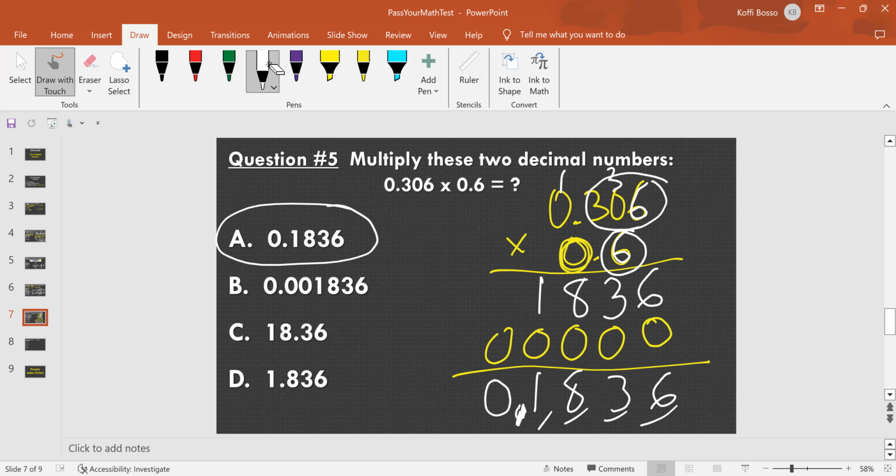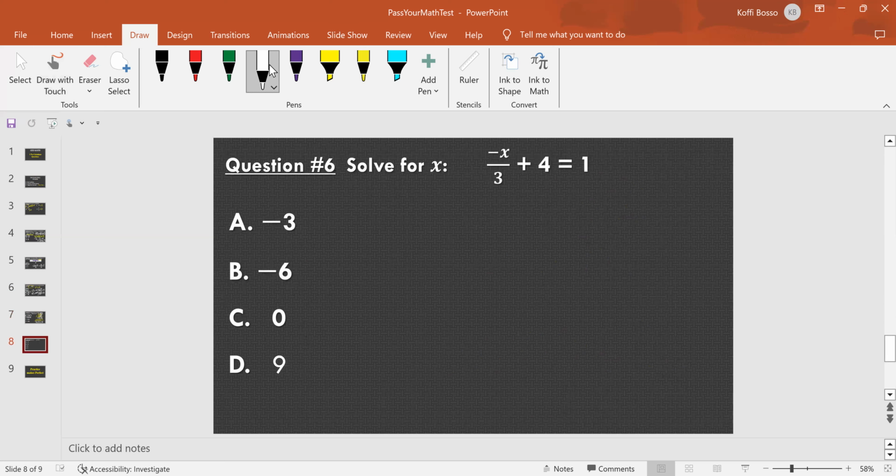Okay, we continue. The last question. Solve for x. Negative x divided by 3 plus 4 is equal to 1. We have different methods to solve this question, but the method I think is simple is to take each value here and check to see which one works with the equation.